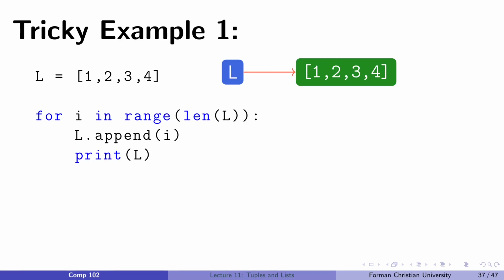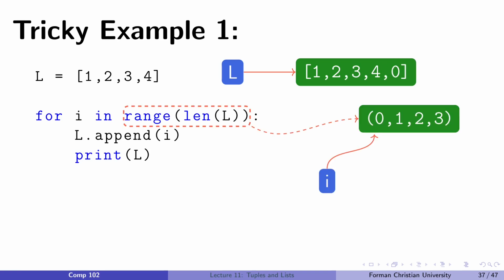What happens here? L equals 1, 2, 3, and 4. So that's a list. And then for i in range length of L, L dot append i. So you're adding items to the list one by one. Now range of length L creates an intermediate tuple with 4 items, 0, 1, 2, and 3, that we have already seen.